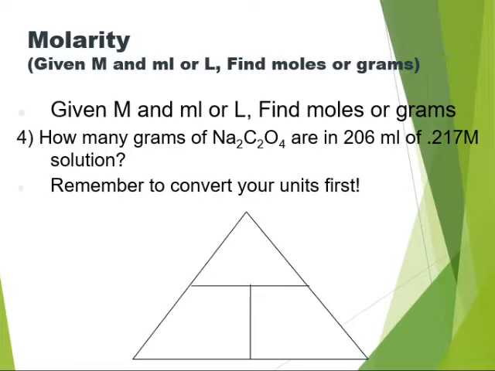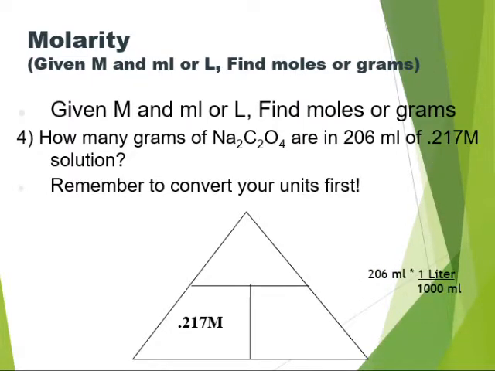So, given molarity and milliliters or liters, find moles or grams. How many grams of sodium chromate are in 206 milliliters? Notice this is not in liters. Of a 0.217 molarity solution. Remember to convert your units first. We already know we have a 0.217 molarity, so we don't have to convert that.